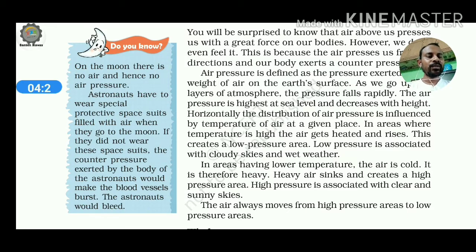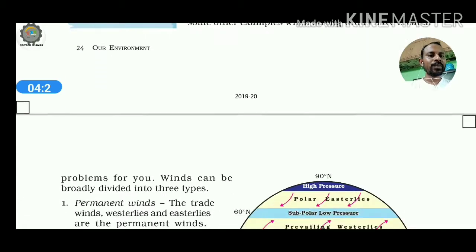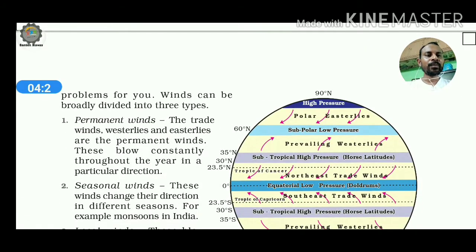Look at this page once again. That is why in the polar region there is always high pressure. You may ask, sir, the polar region is located at a higher latitude, so how is it possible to have higher pressure? First of all, in this region the sun rays are always slanting.